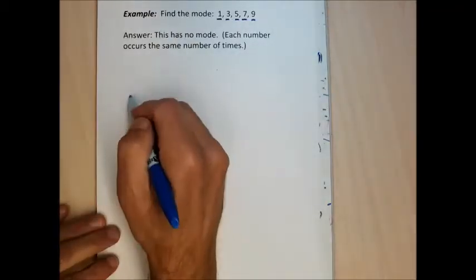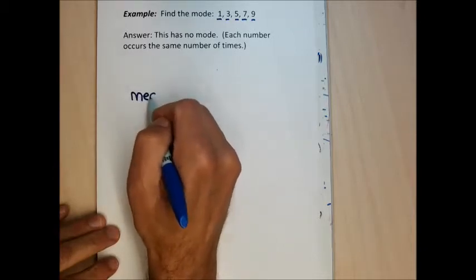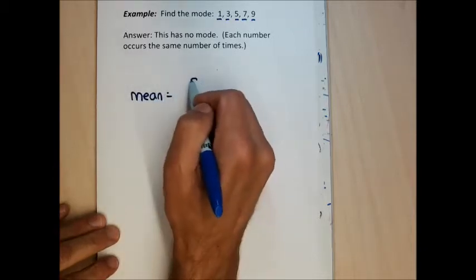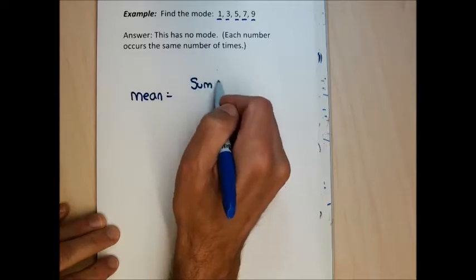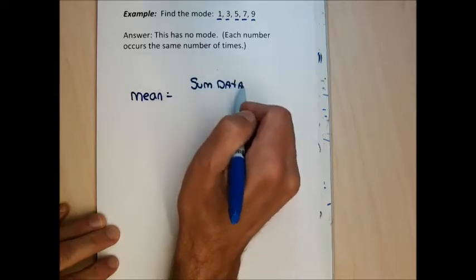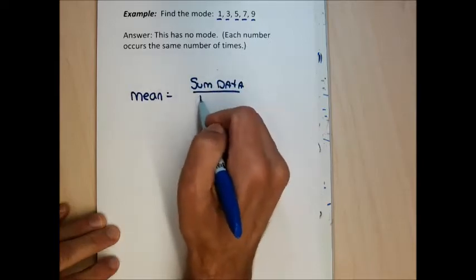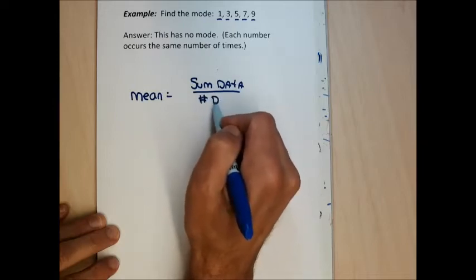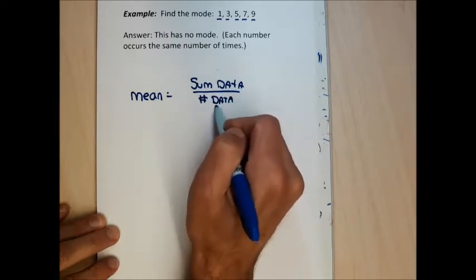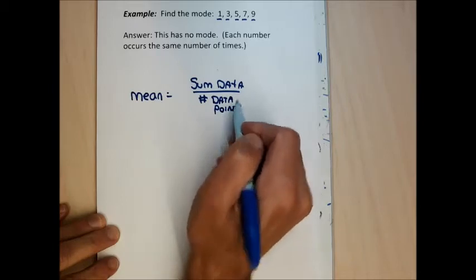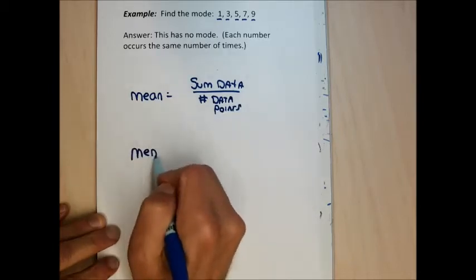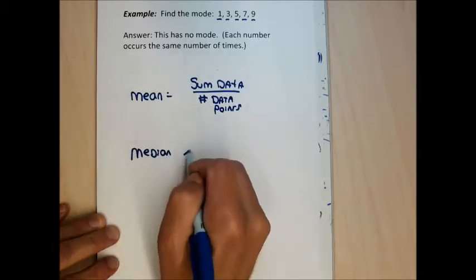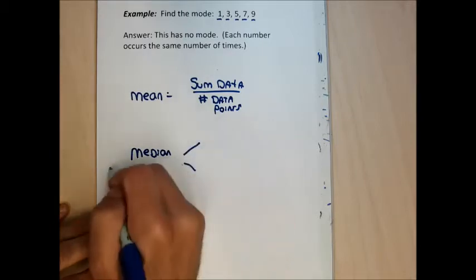So far we've done mean, which basically is you sum up the data and you divide by the number of data points. We did the median, and the median is in some sense the middle.